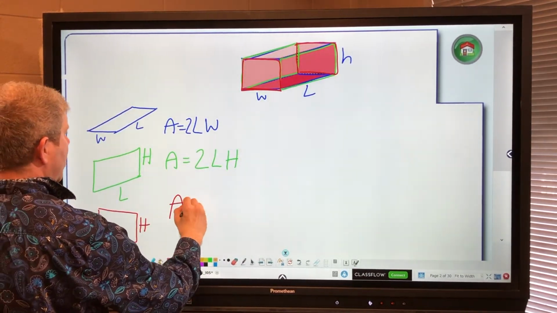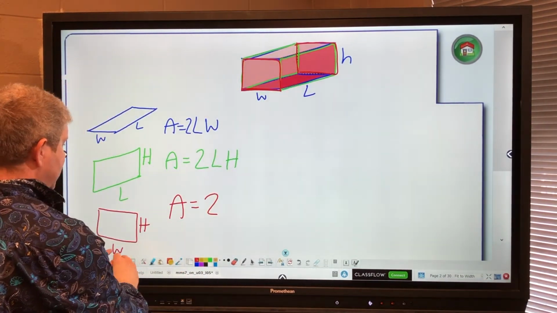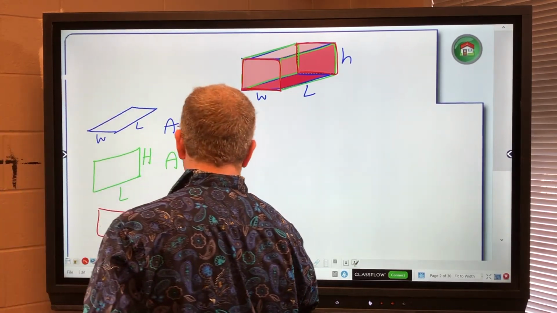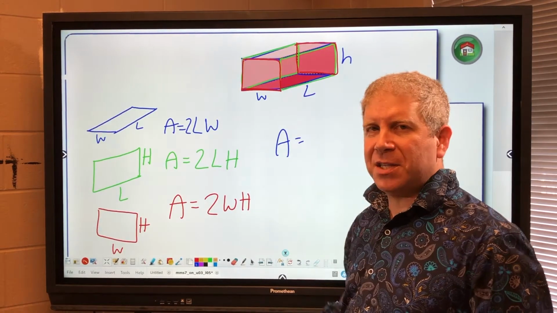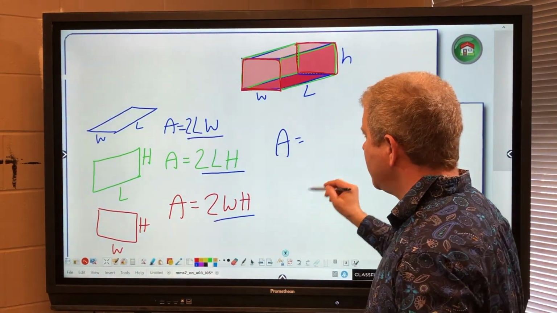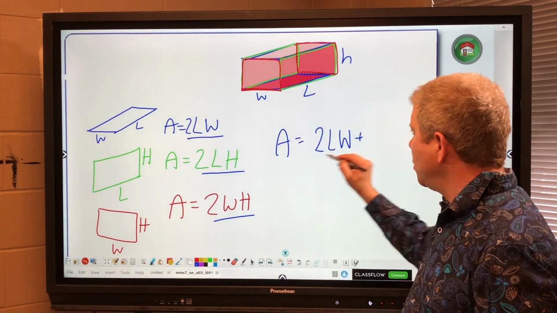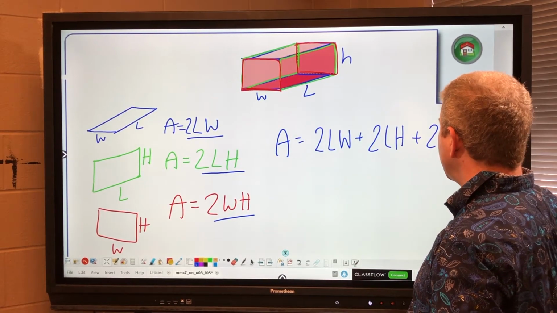So the area will be 2, because we have 2 of them, and then W times H. Now, if we want the area of all of these faces, all 6, we simply need to add all of these together. So we have 2LW plus 2LH plus 2WH.